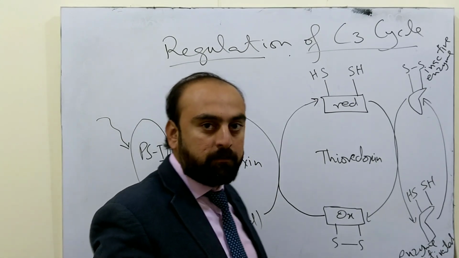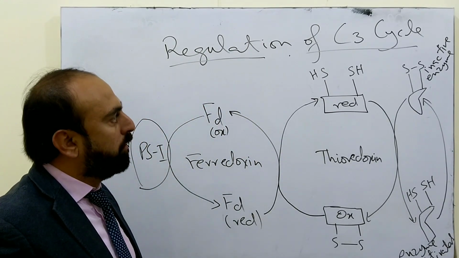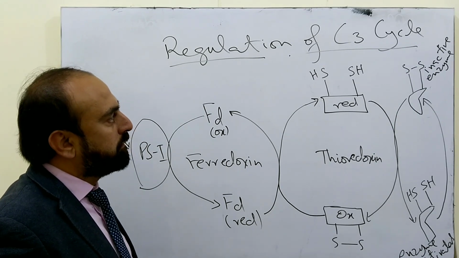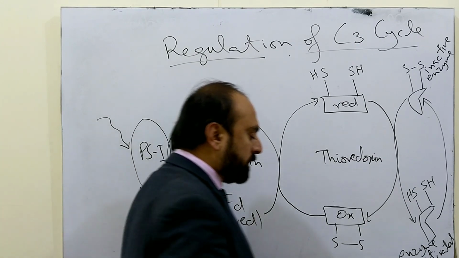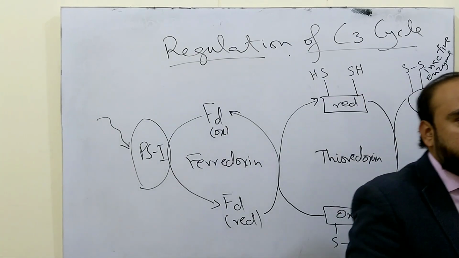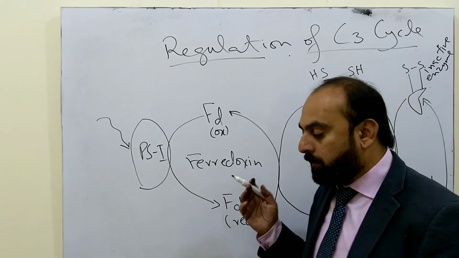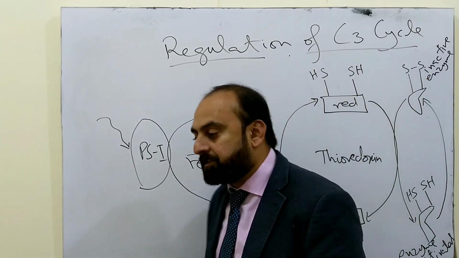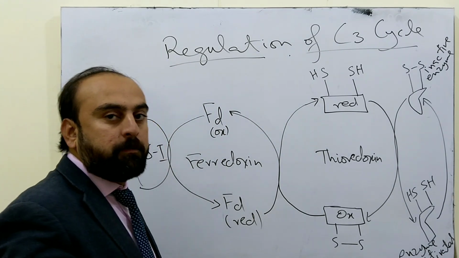They become inactivated. So this is another way how this Calvin cycle is regulated. So Rubisco and many of the other enzymes are regulated in this way by changes in pH and by redox reactions which are driven in principle by light.